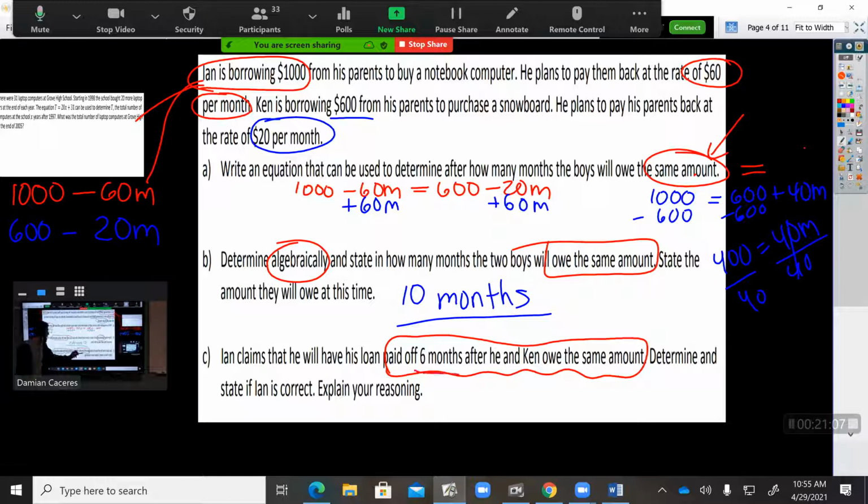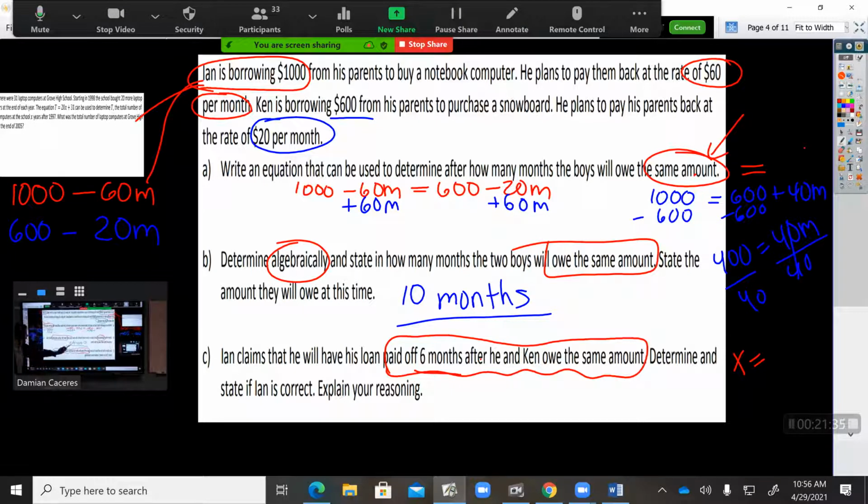So if they're saying 6 months after 10 months, what's the value that you actually need to plug in for X? 6 months after 10 months would be what number? Common sense, guys, come on. 6 after 10 equals how much? 16.